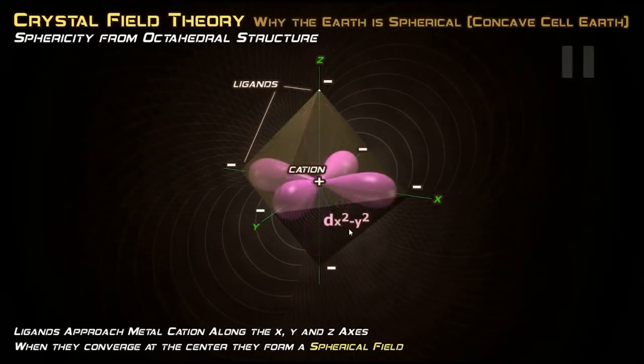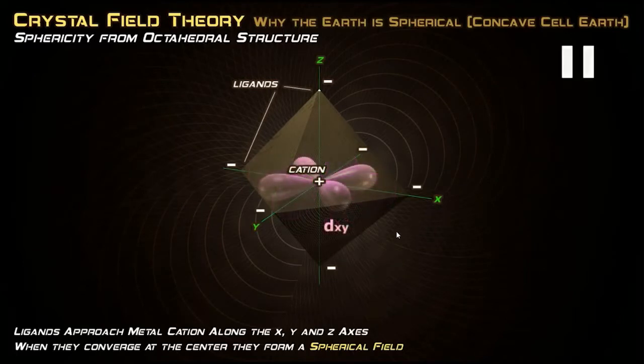And we have the dx squared minus y squared orbital, which is aligned with the X and Y axes as well, but going right along them like that instead of toroidal like the dz squared orbital. Those are the 2 main orbitals. The 3 inferior orbitals, I'll show you those.